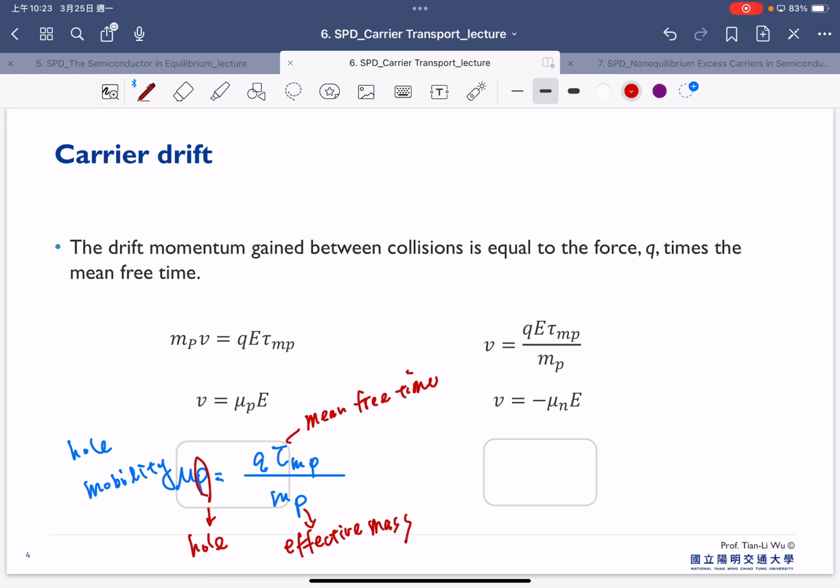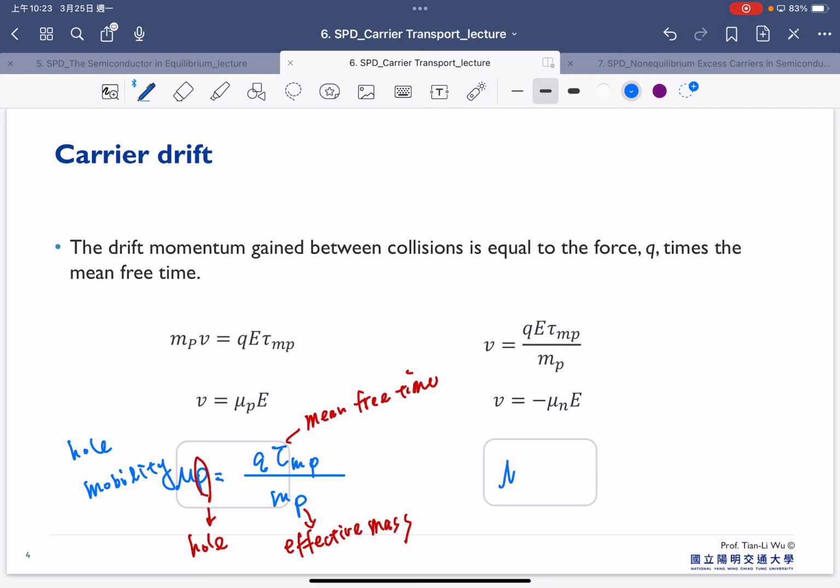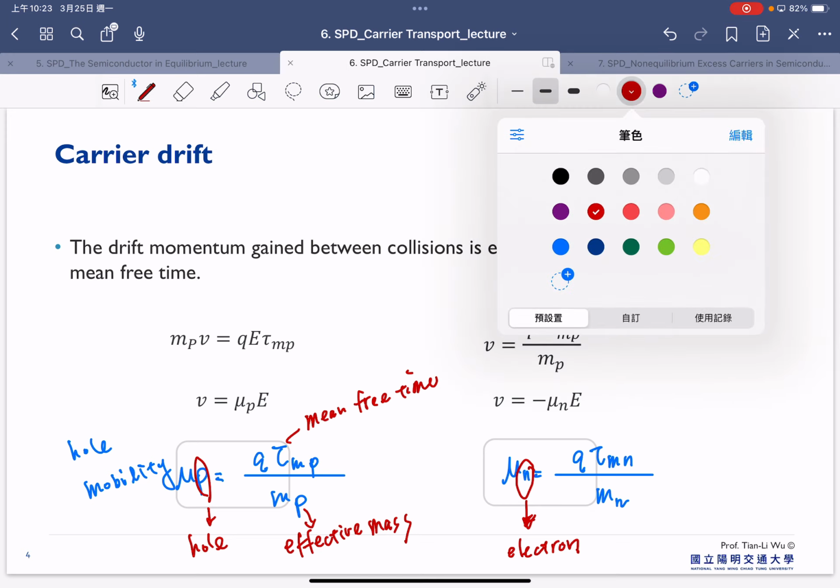Similarly, we can calculate the electron mobility as shown here. We have mu_n, where the n still indicates this is the case of electrons, and this is the electron mobility.